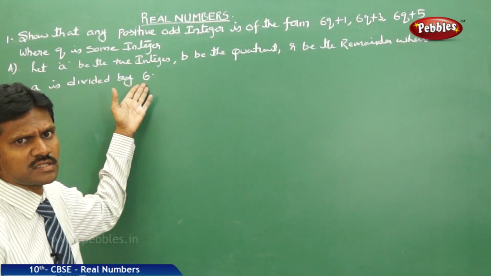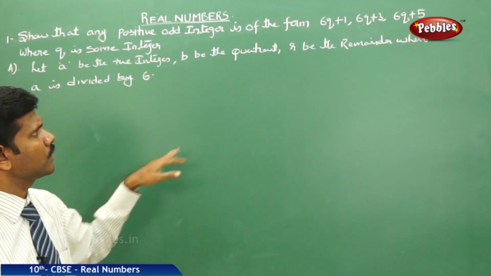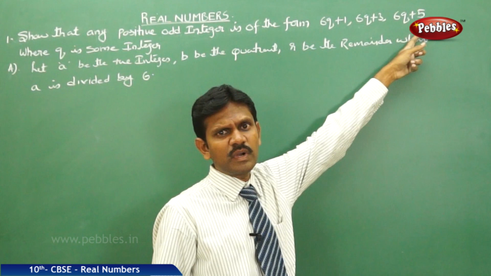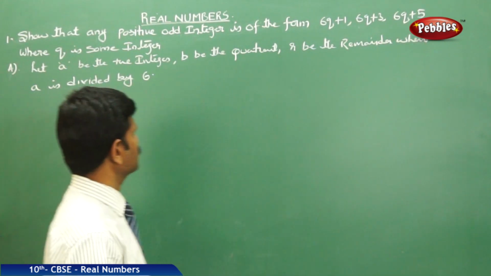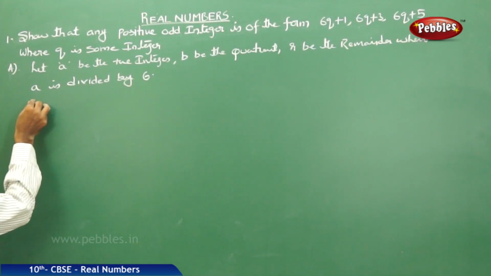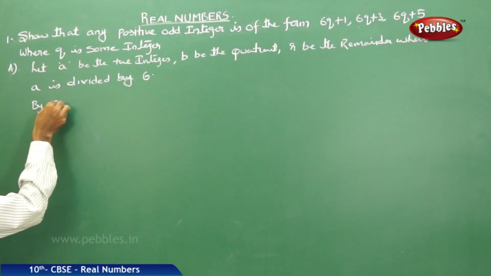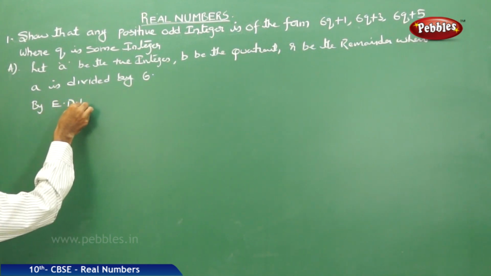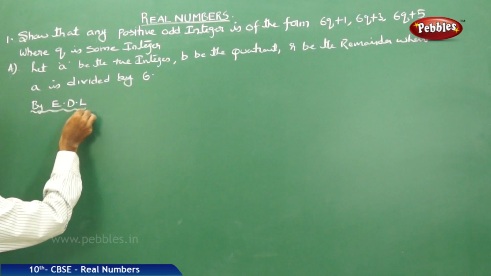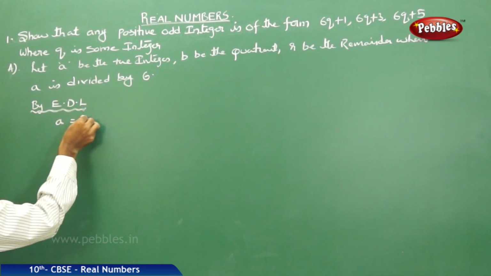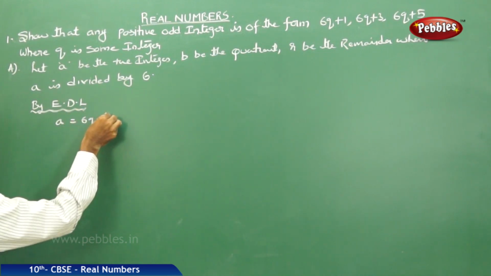Sir, why have you taken 6? Why not some other number? Here your pattern is a multiple of the 6. Now then by EDL, means by Euclid's division lemma, you know very well a is equal to 6q plus r.